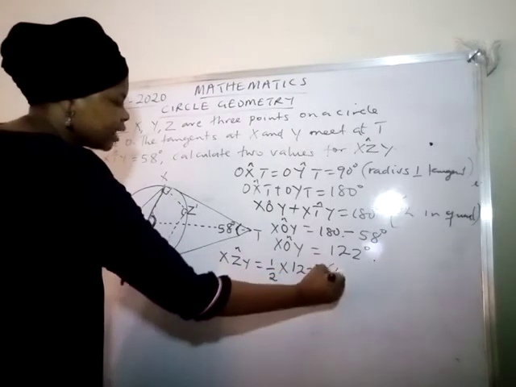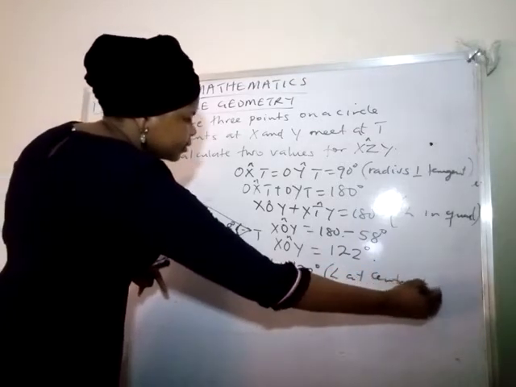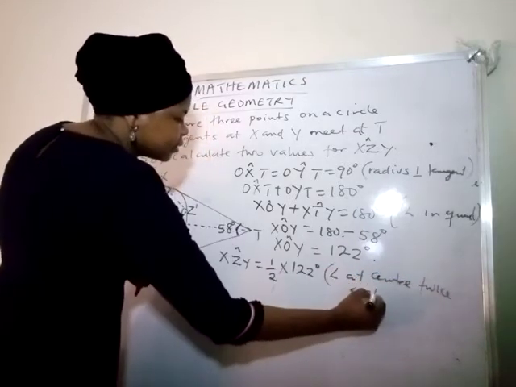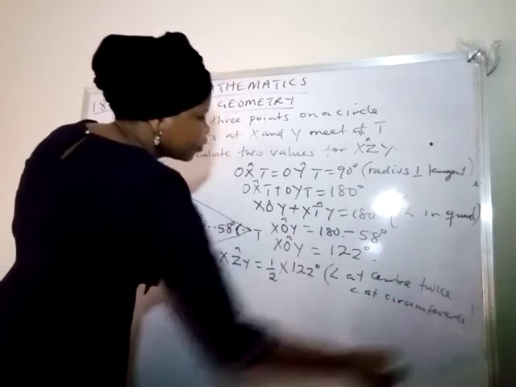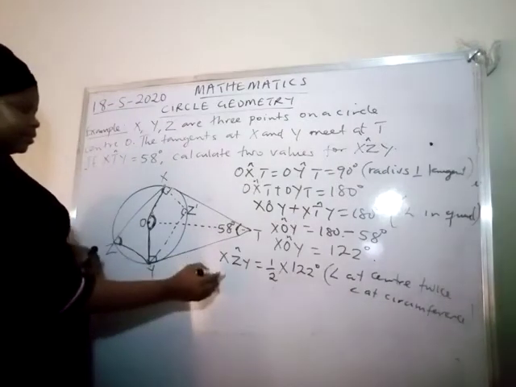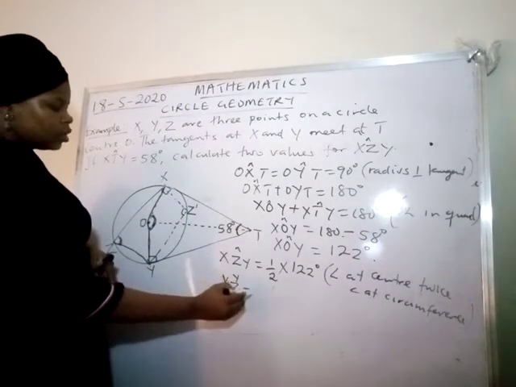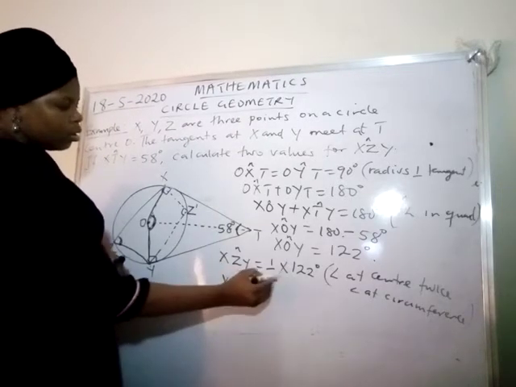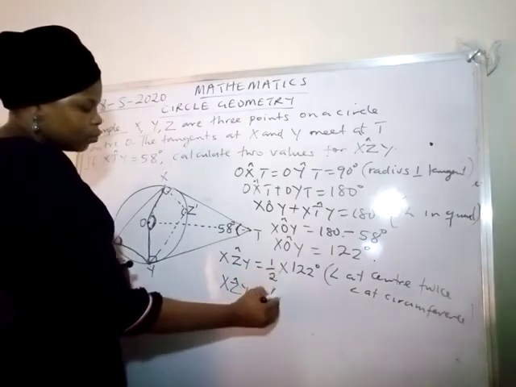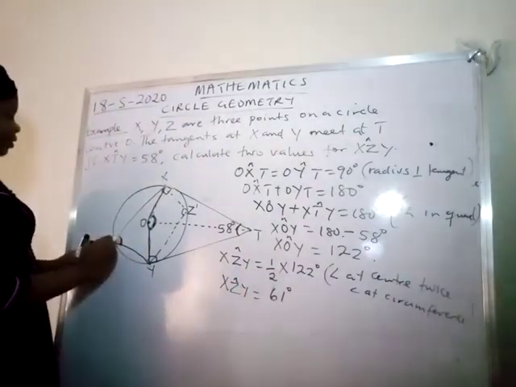So the reason is angle at center twice angle at circumference. So XZY is going to be equal to 61 degrees. So this angle here is 61 degrees.